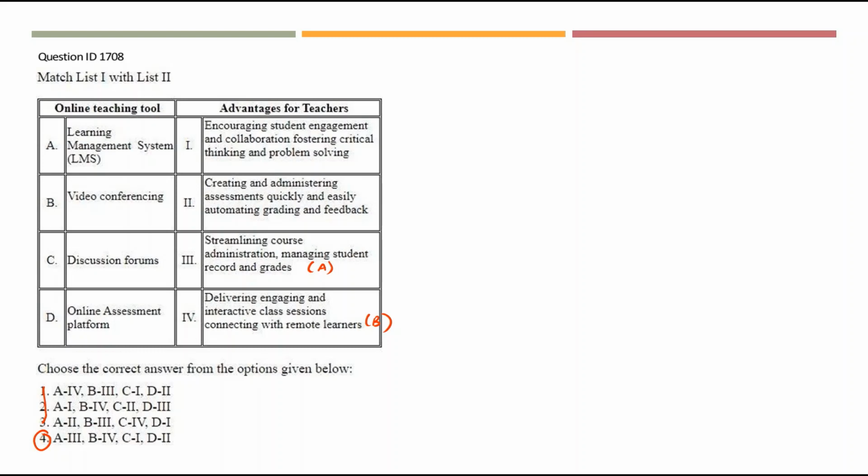So encouraging student engagement and collaboration, fostering critical thinking and problem solving. So this will be mapping to discussion forums. C maps to 1. Creating and administering assessments quickly and easily, automating grading and feedback will be the online assessment platform. D is mapping to 2. So option 4 will be the right answer.